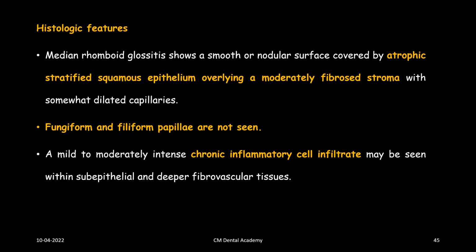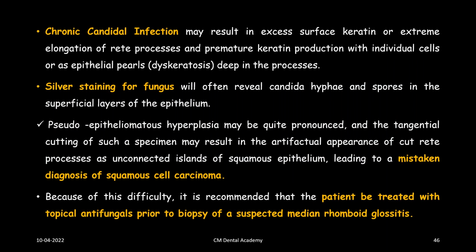Mild to moderately intense chronic inflammatory cell infiltrate may be seen within subepithelial and deeper fibrovascular tissues. Chronic candidal infection may result in excessive surface production of keratin, individual cell keratinization, and premature keratin production as epithelial pearls deep in the process.